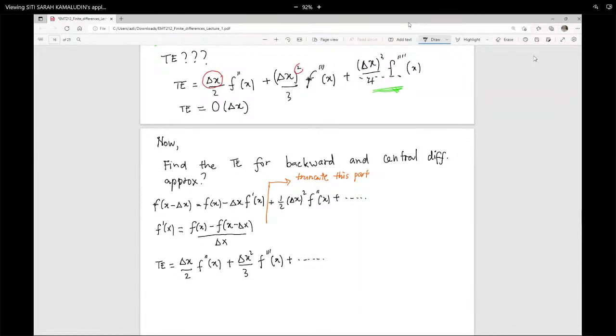Alright. So similarly for backward approximations, the truncation error is also of the order of delta x. So how about the central difference approximation?